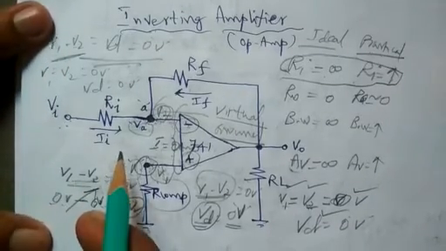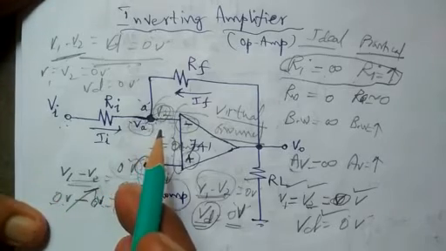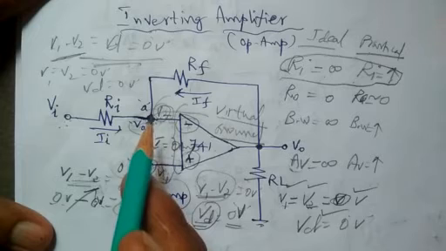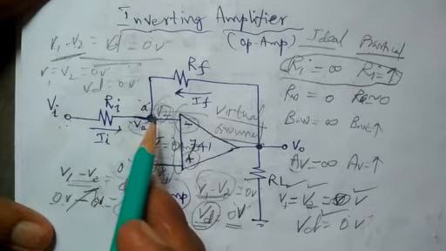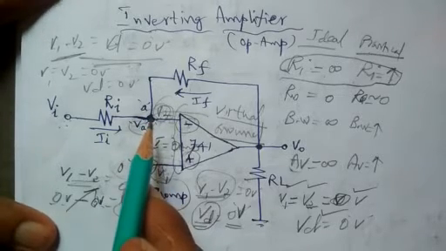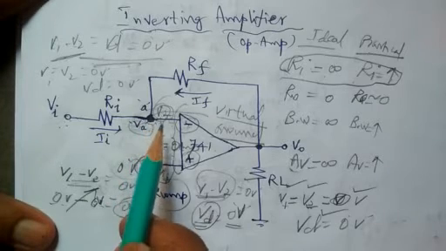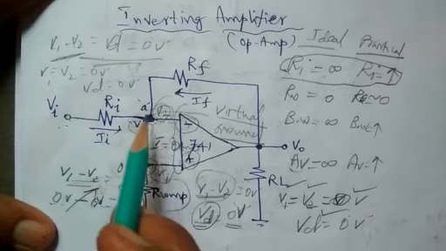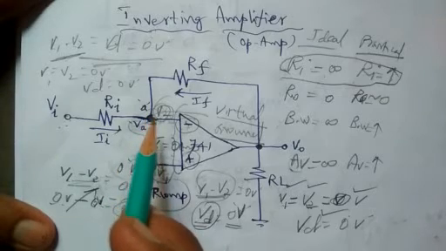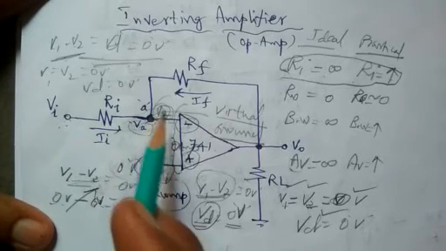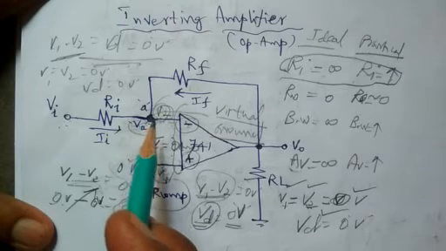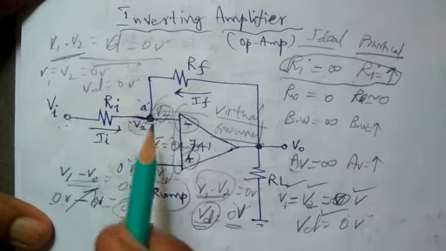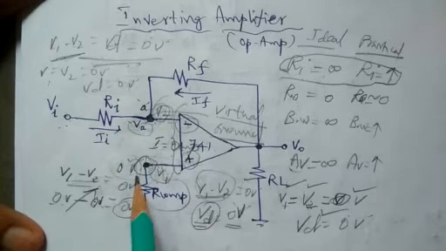Hence, virtual ground is defined as follows: in an inverting amplifier, at the inverting terminal, node A, the potential at the node is 0 volt even if the node is not physically grounded. That particular node is called a virtually grounded node, and that particular place is called a virtual ground.